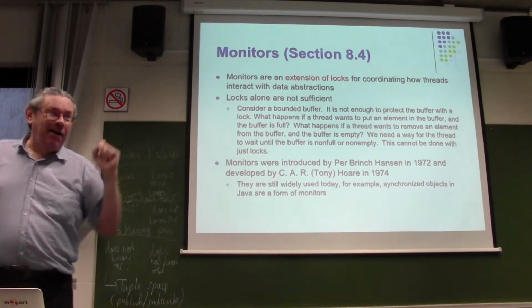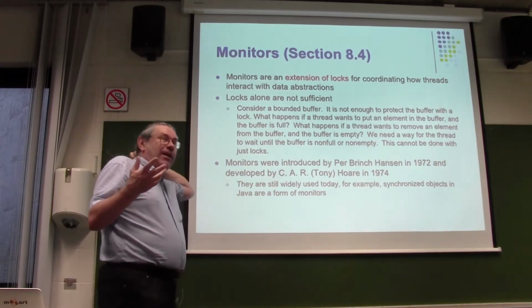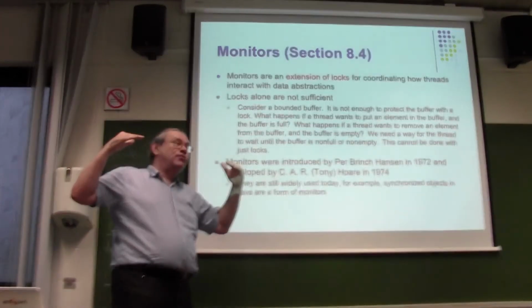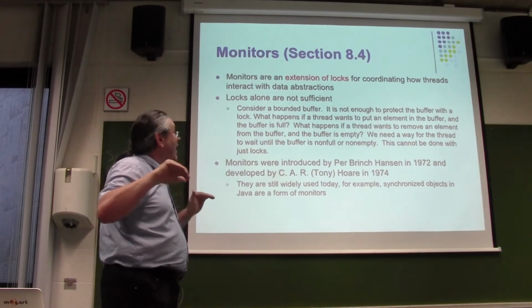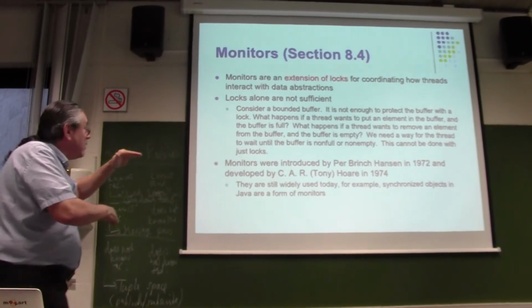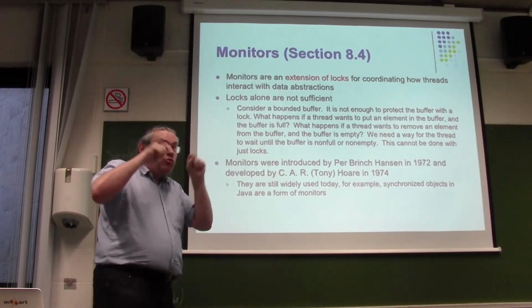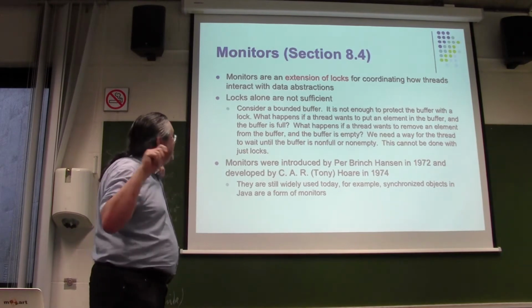You go in, you go out. There's nothing that lets you wait in a lock. The lock just makes sure there's only one thread inside the critical section. That's all it does. But the actual data structure does not wait.